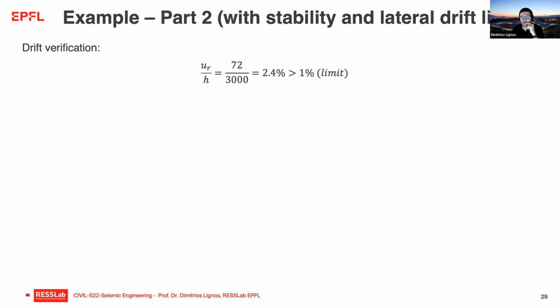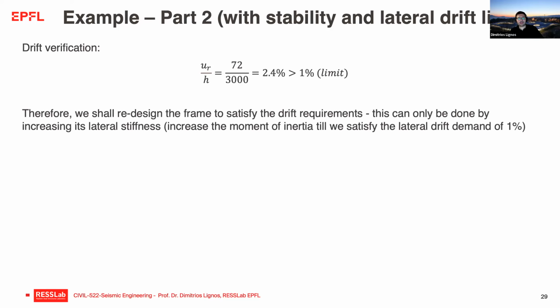So we can easily understand that although the strength requirements are respected with the HEB 240, the stability requirements are actually quite substantial, and the drift verification substantial, and we have to redesign the frame to satisfy the drift requirements.